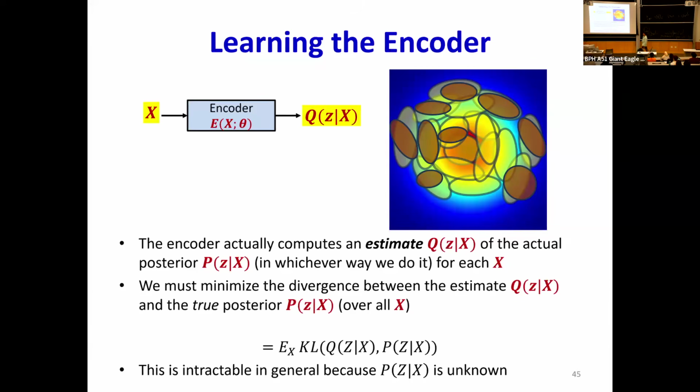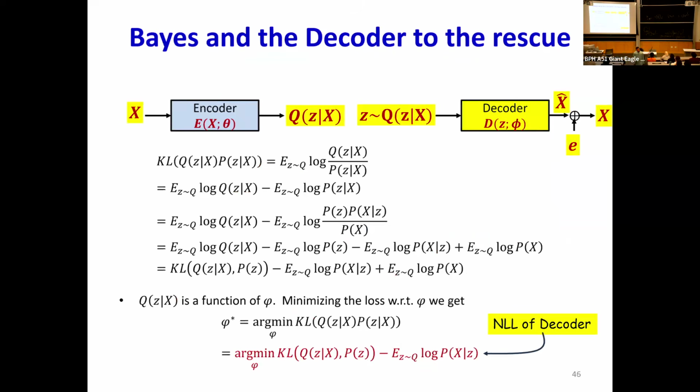I want to minimize the divergence between my approximation and the true guy, and I want to do this such that this holds for most x's. So I want to minimize this expectation of this divergence over all possible x's, right? Make sense? Right. So this is what we're going to do.